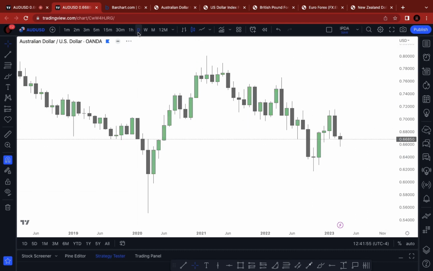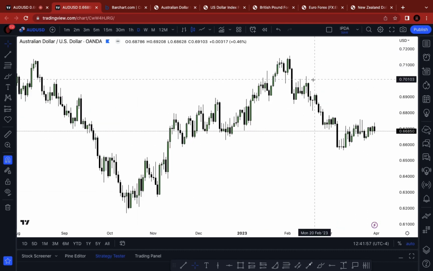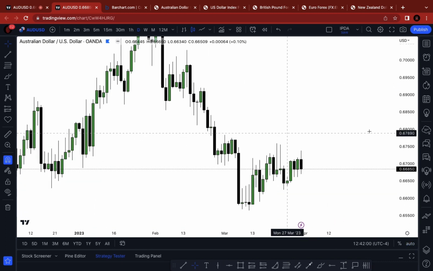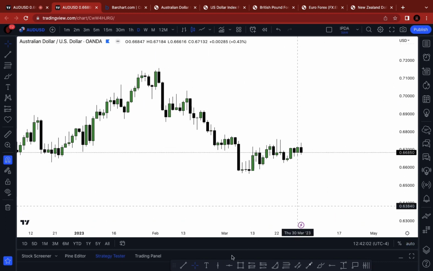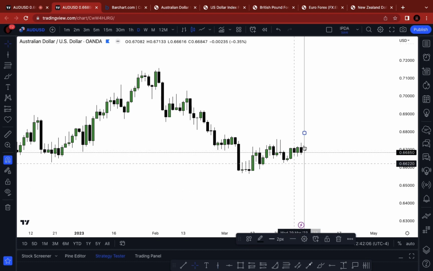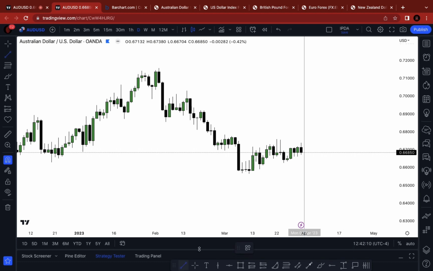I'm going to come down to the daily chart. And right away, I'm going to start marking off. Though we don't have the opening price for the month yet, which we will shortly in a couple hours, I'm going to look back 20 days.